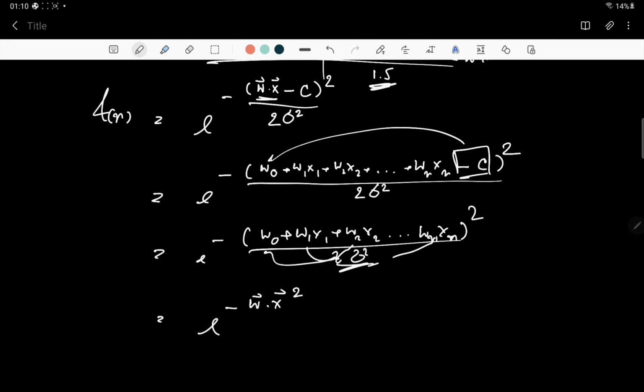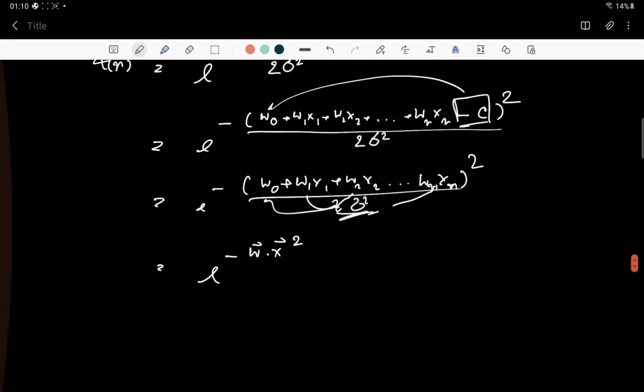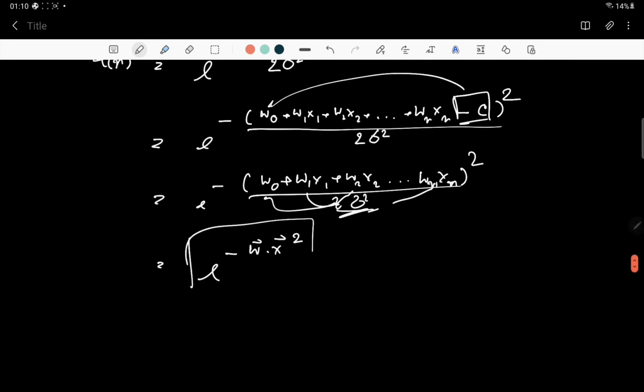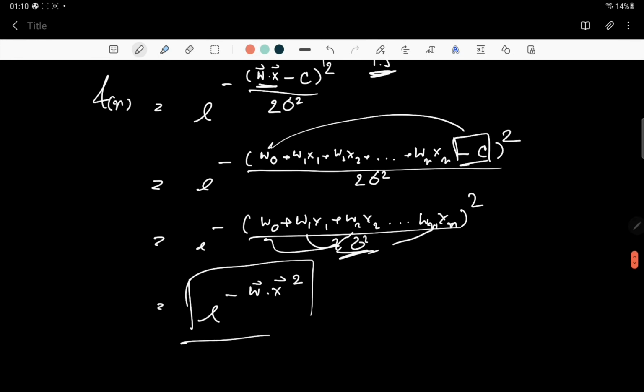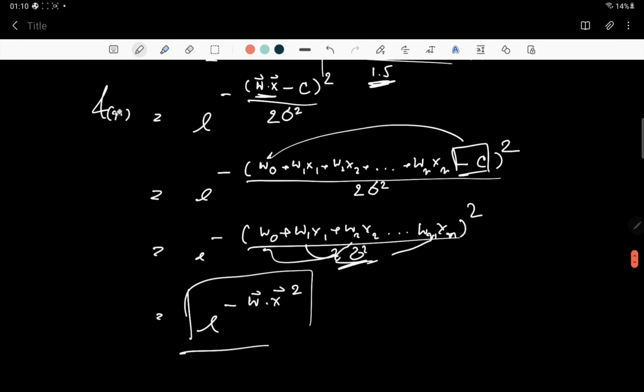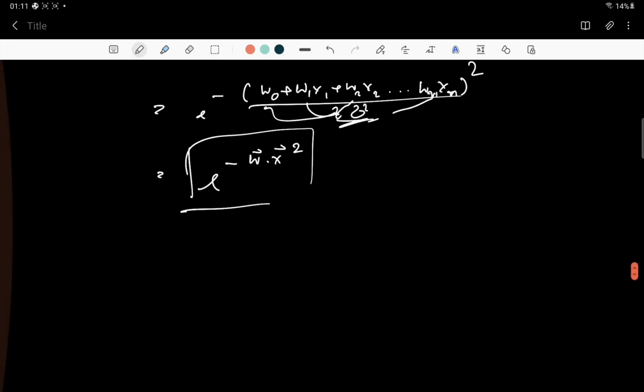That's all. So it's very easy, right? And again, this one is the output. This is not f of n, sorry, it is f of x, right? So it's easy, right?